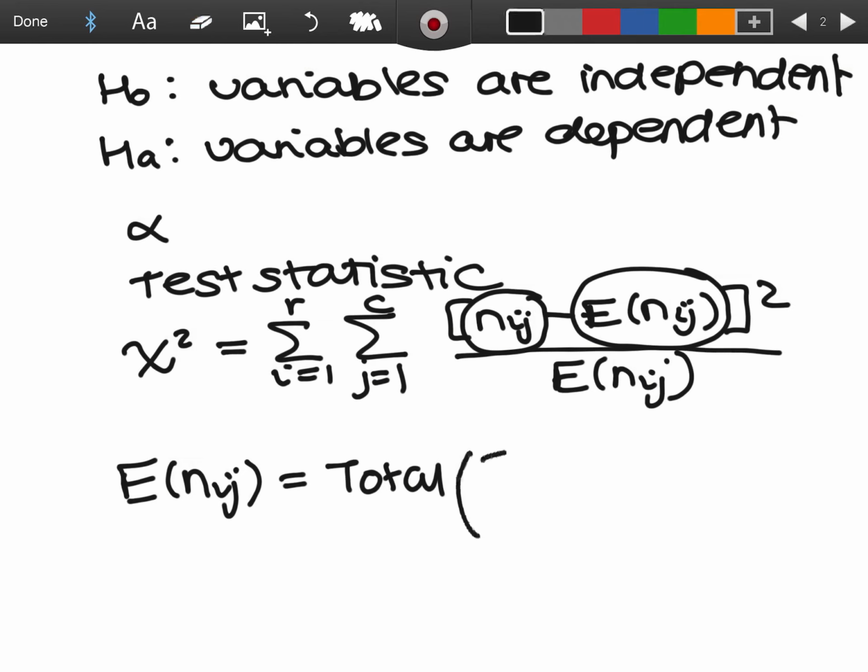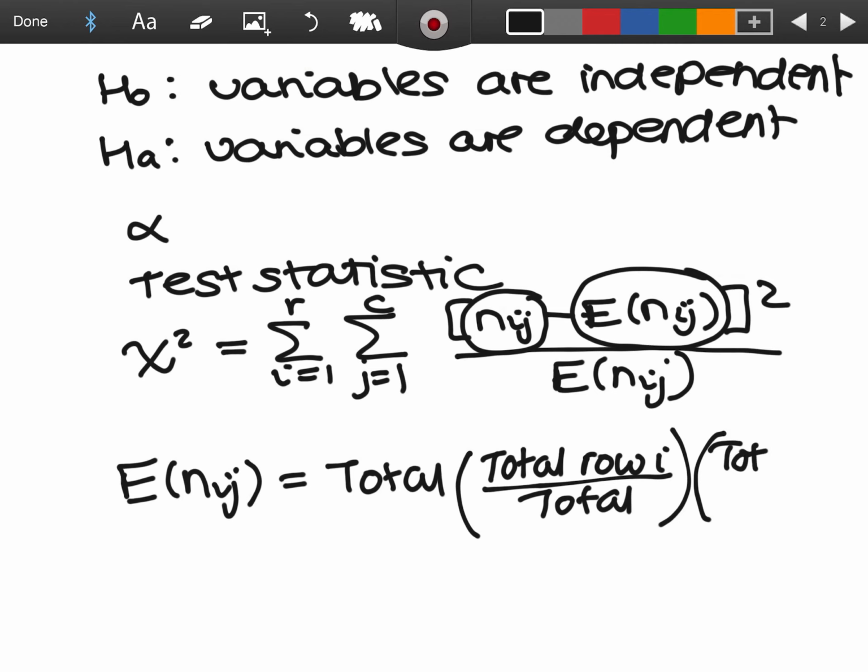So total is the overall total number of people, okay? Then it would be the total number in row i divided by the absolute total, times the total in column j divided by the whole total.